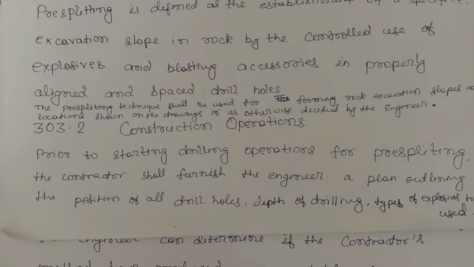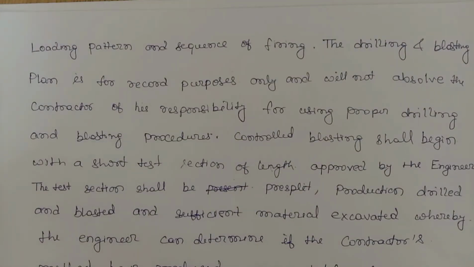303.2 Construction Operations. Prior to starting drilling operation for pre-splitting, the contractor shall furnish the engineer a plan outlining the position of all drill holes, depth of drills, type of explosive to be used, loading pattern and sequence of firing.